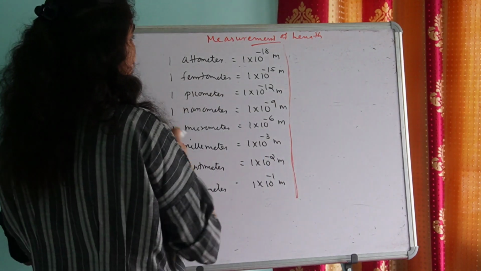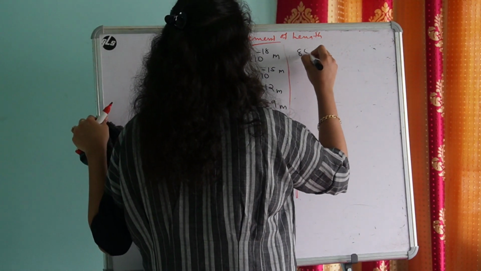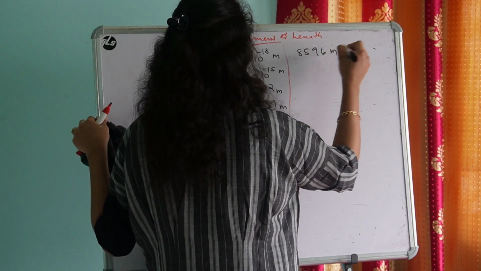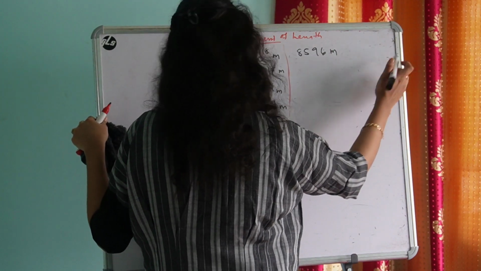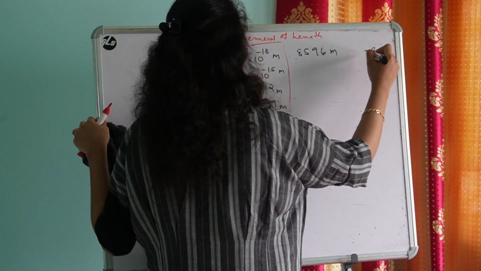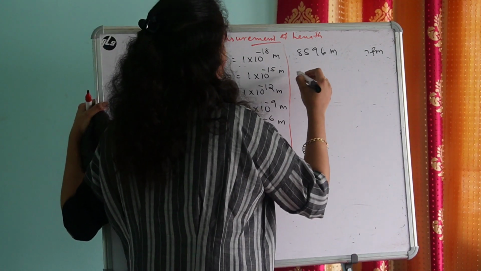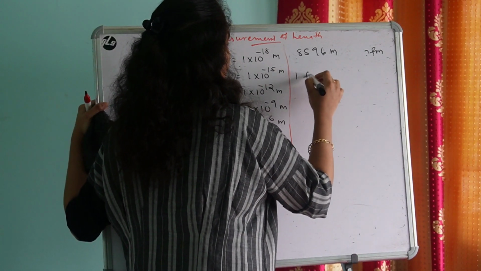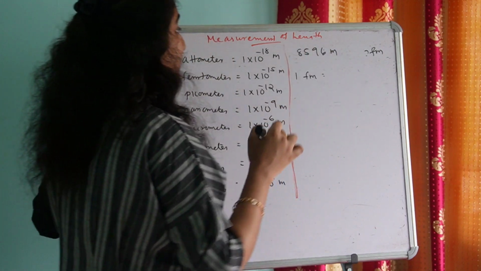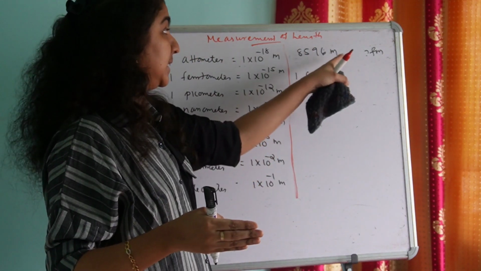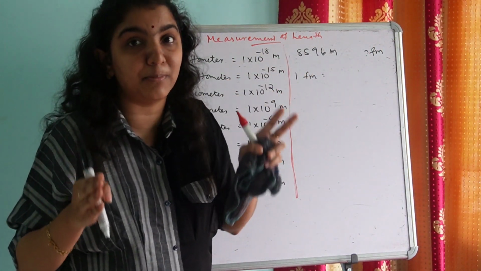Suppose the value is given as 8596 meter and you are asked to find it in femtometer. So how do we do this? We should know the relationship connecting these two units. It is a must.